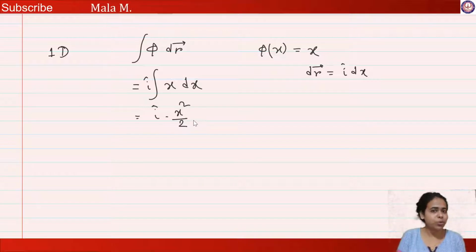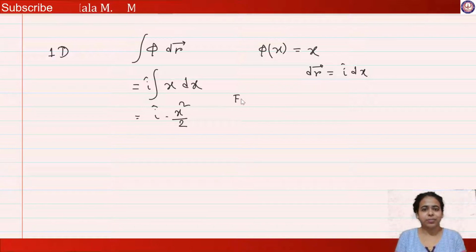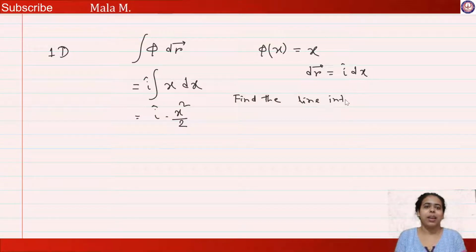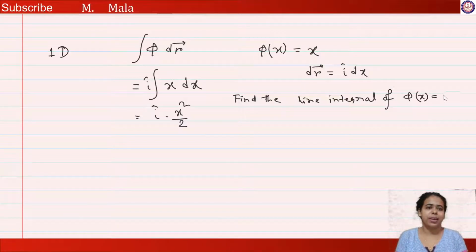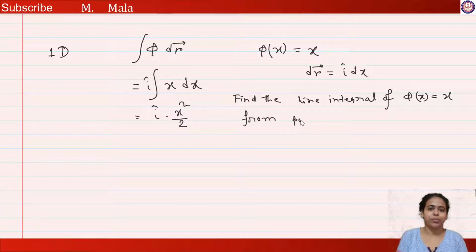Now if you know the path, find the line integral of phi(x) equal to x from a to b.